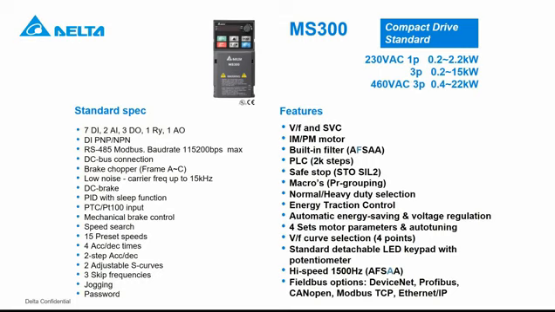This is similar to the ME300, but this time it can go up to 22 kilowatt. It has more digital inputs and more IOs. Very important, you can connect many fieldbus options, such as Profibus, CANopen, Modbus TCP, or Ethernet IP.